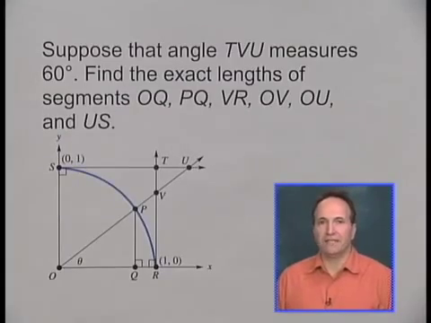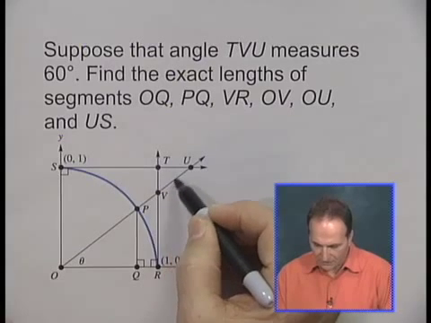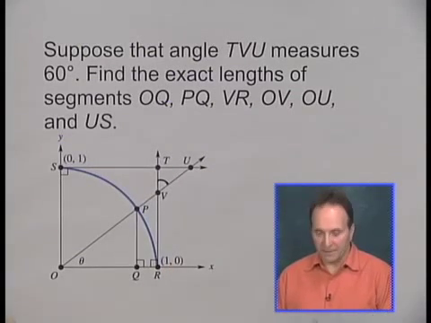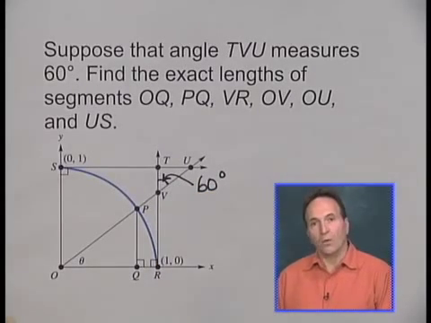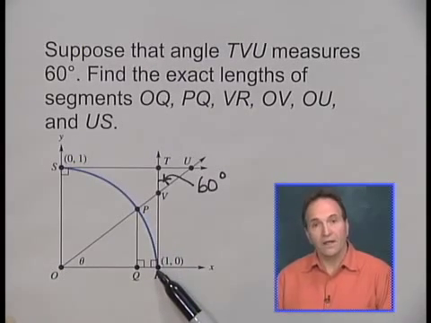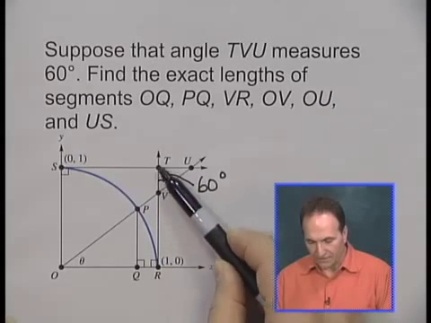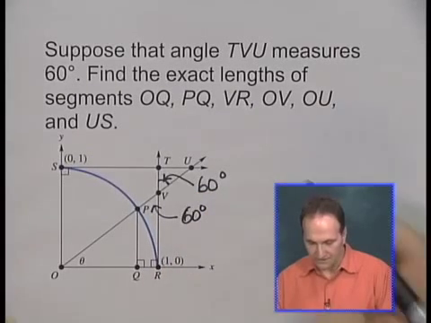Suppose that angle TVU measures 60 degrees. Find the exact lengths of the segments OQ, PQ, VR, OV, OU, and US. Well, angle TVU is this angle right here. And that angle, we're being told, measures 60 degrees. Well, if we now look at angle OVR, that is a vertical angle with angle TVU, which means that angle is also 60 degrees.